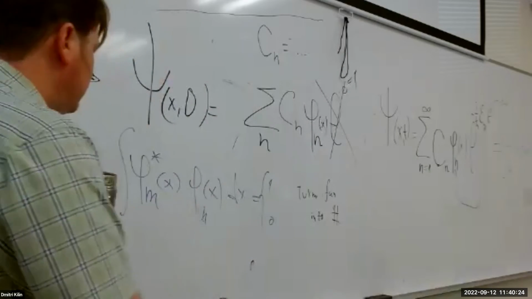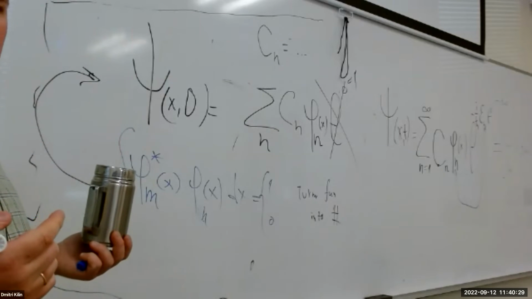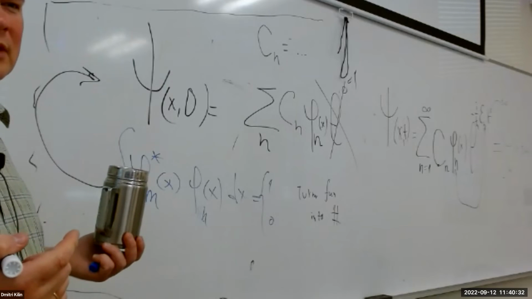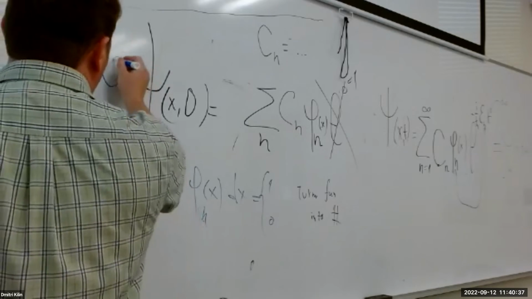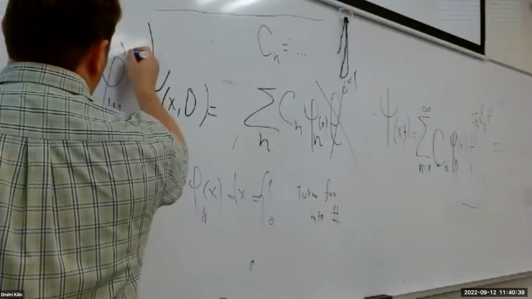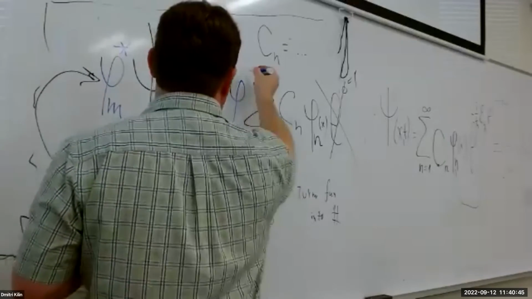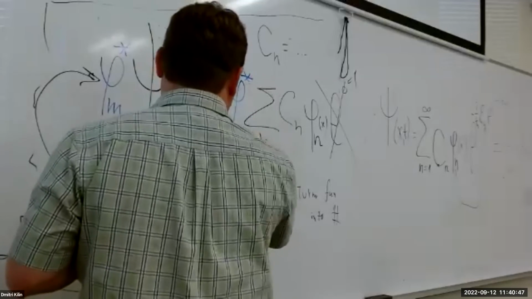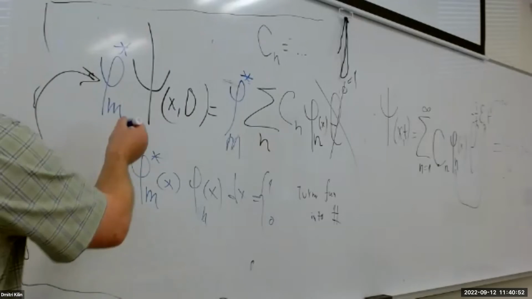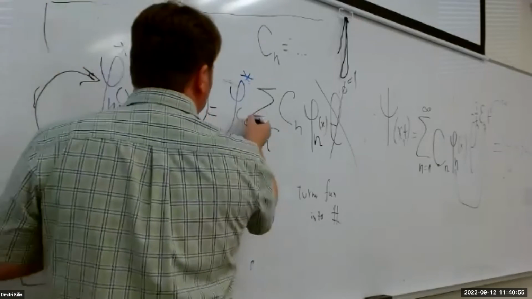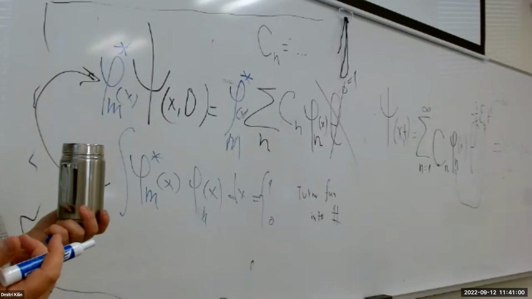So if we select a random eigenfunction of the time-independent Schrodinger equation, phi sub m, and multiply it from the left, did I violate any mathematical rule by multiplying the equation by the same factor on the left and right?